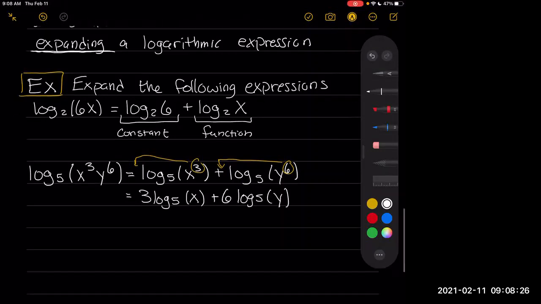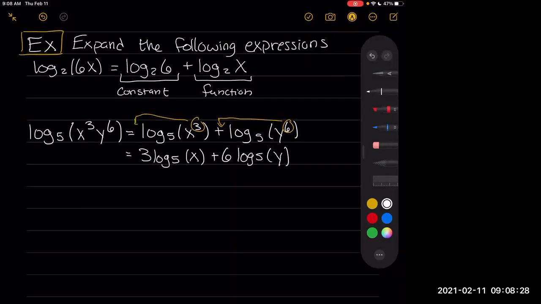And then if we look at one last example, the natural log of a times b over the cubed root of c. The first step is to separate the numerator and the denominator.